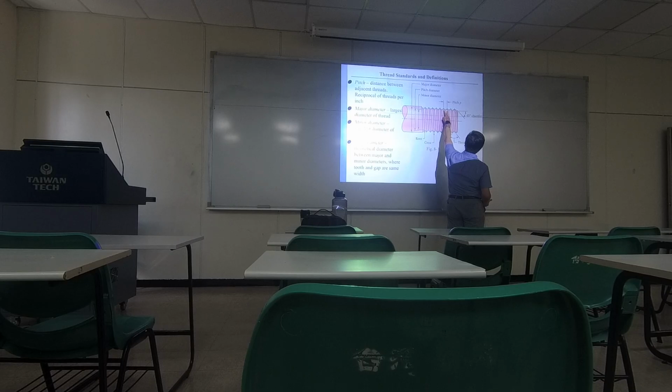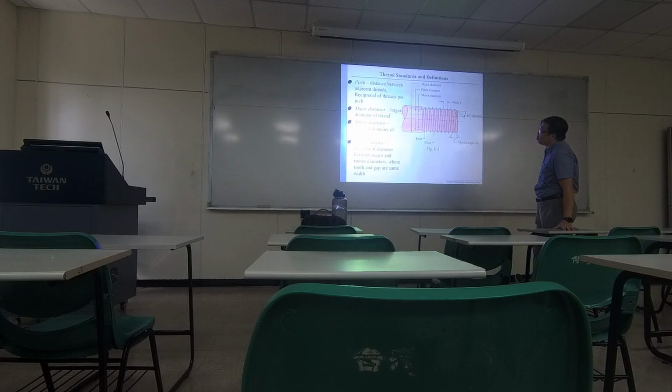So you can actually compute the pitch. Pitch is a key dimension for thread. Just like when you are designing a gear, you have periodic geometry, so you sometimes care about the distance between the exact same shape. So that's basically pitch. Okay?